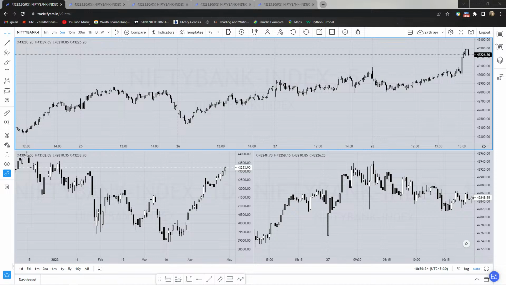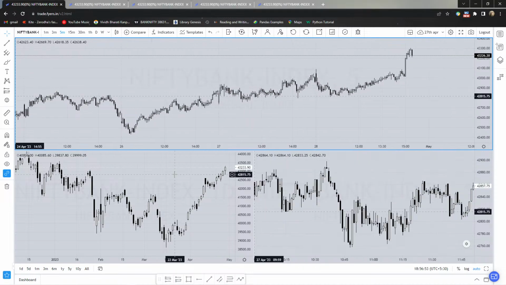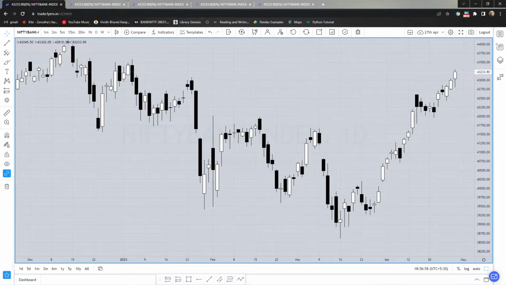On an intraday basis also we need to know what the price has been doing since the last 2-3 days, and then the open, high, low, close. The price chart has to be dressed up, everything. So we'll be doing that exact same thing for the 27th of April starting now.